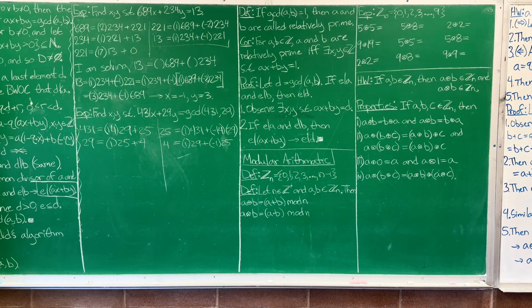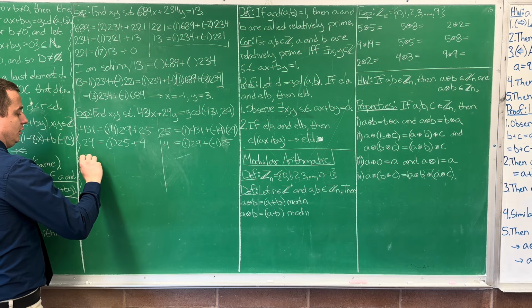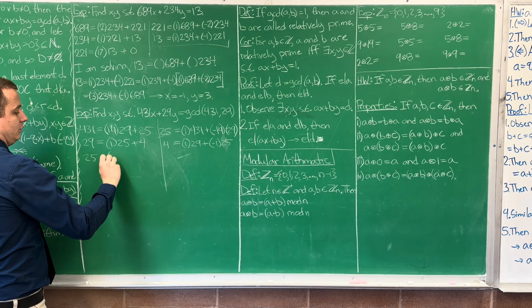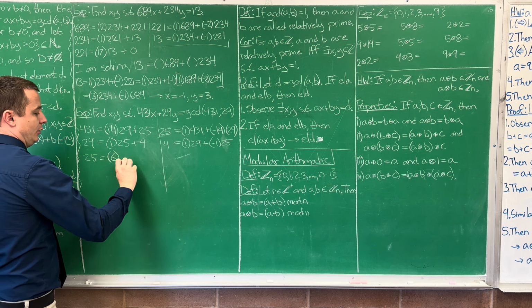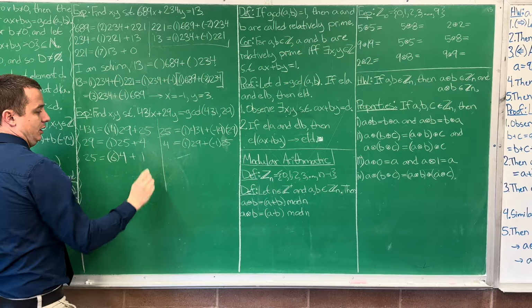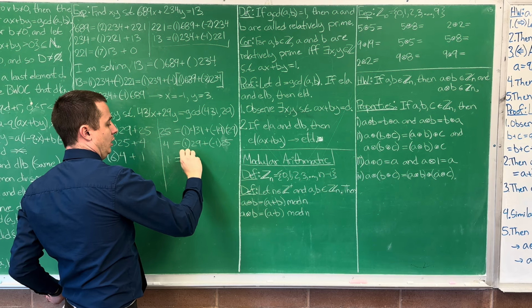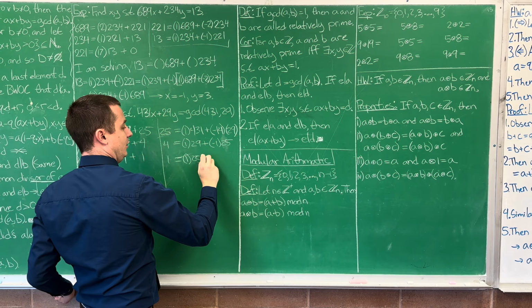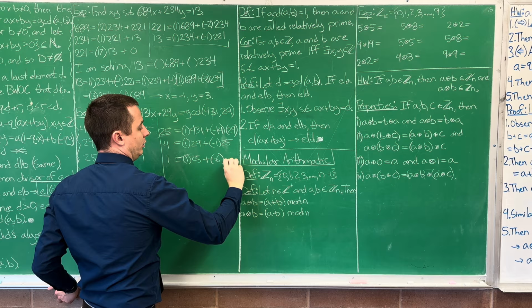Good? Okay, next, we're doing 25 and 4. 25 is equal to how many 4s? 6 4s plus 1. And 1 then is equal to 1 25 plus negative 6 4s.